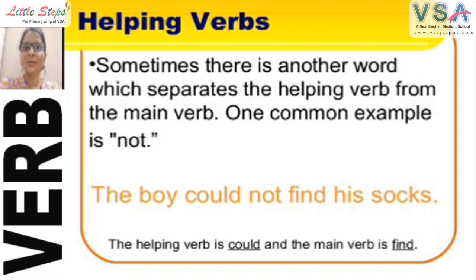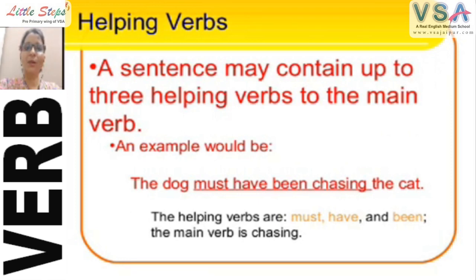Sometimes there is another word which separates the helping verb from the main verb. One common example is not. Means that, as I have told you earlier, कि not यानी कि negative sentence और interrogative sentences को बनाने के लिए भी हमें helping verb का support चाहिए होता है. तो helping verb का function क्या हो गया? Helping verb एक तो negative और interrogative sentences के लिए use होते हैं और ये time of action को represent करते हैं.